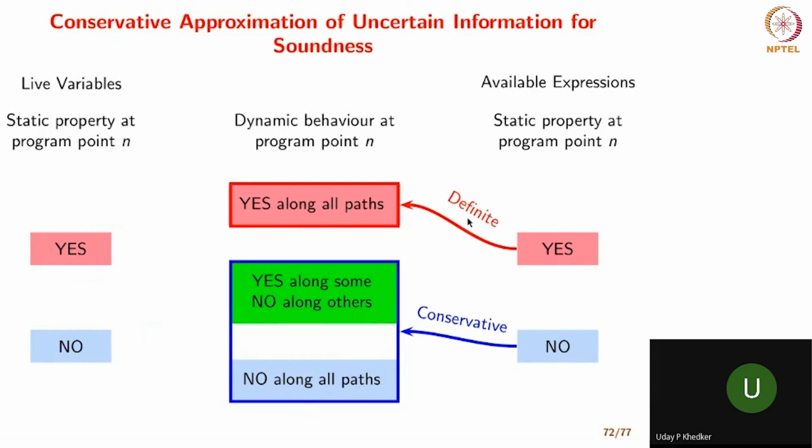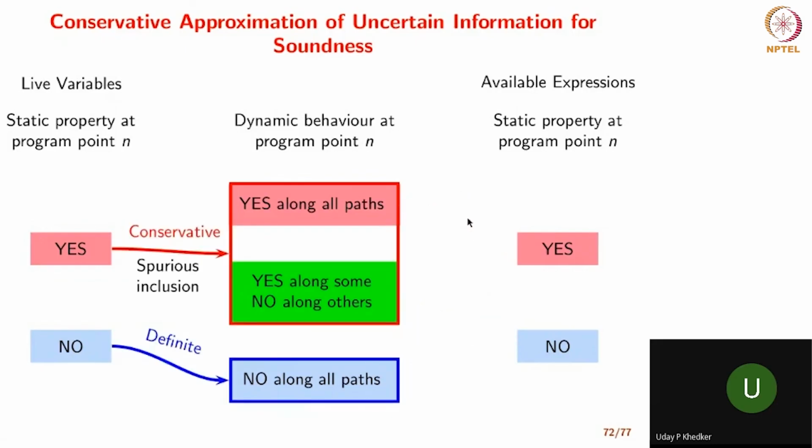Optimization is always done using definite information, and therefore our optimizations are all sound, and although we are making a conservative approximation, our results are not going to go wrong. So this is how we model uncertain information as conservative information depending upon the particular problem.